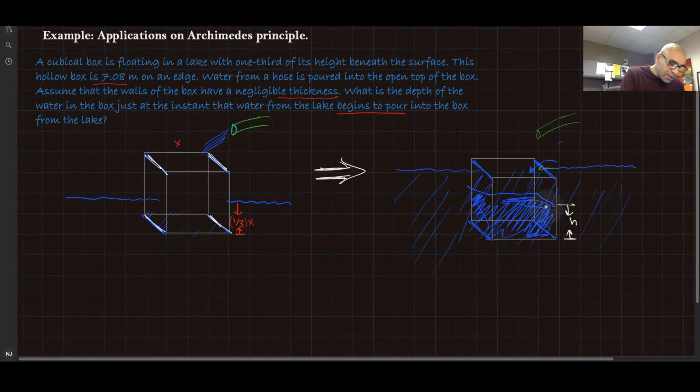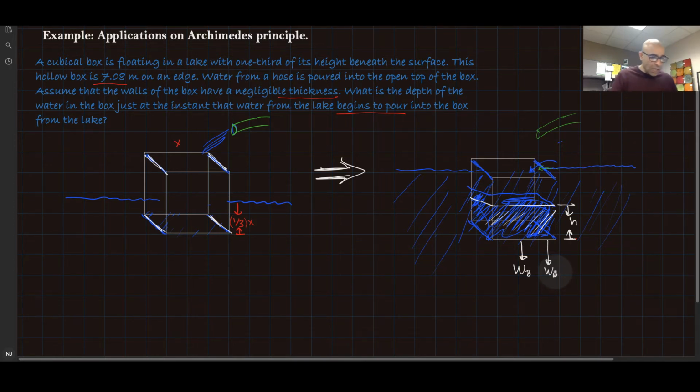When the box is submerged, there are two forces acting down: the weight of the box itself, and the weight of the water inside.